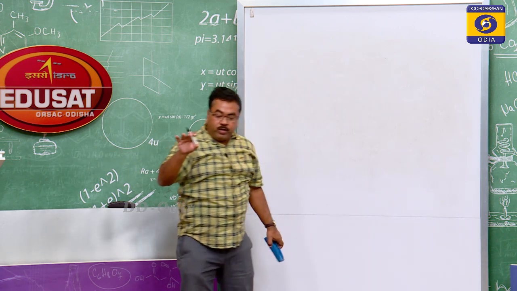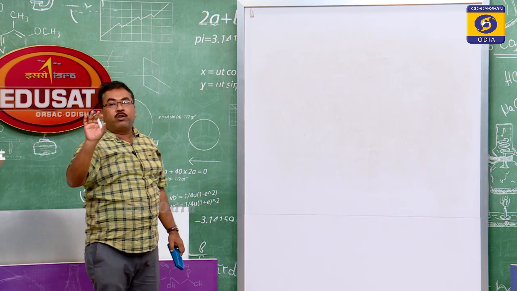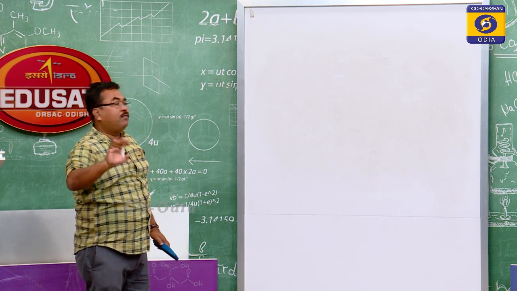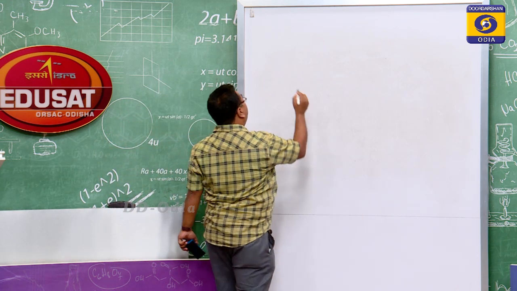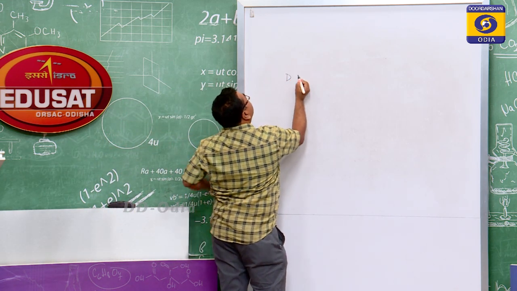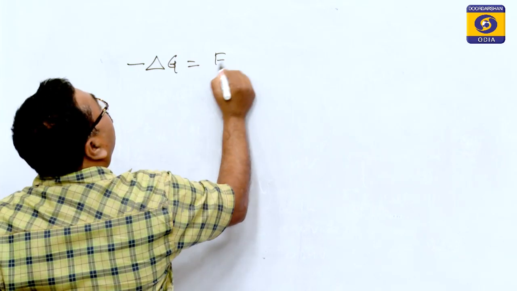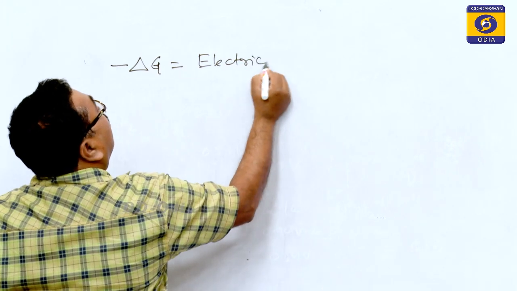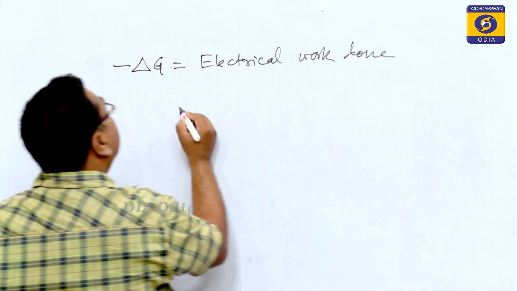What we said in the beginning is that the decrease in free energy of a reaction or process occurring at the electrodes is the driving force for the production of electrical energy. So, that part we shall go through. That is, the decrease in free energy, minus del G, is equal to the electrical work done. What is electrical work done?